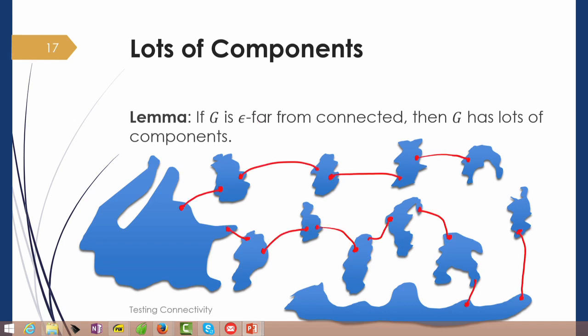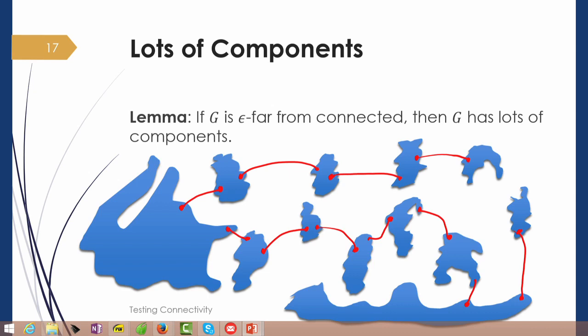And now if there were very few components, we can simply string them together as shown in this figure, and we should be able to connect the entire graph. So the proof relies on quantifying the number of such edges that we can add, and therefore the number of components that the graph should have.